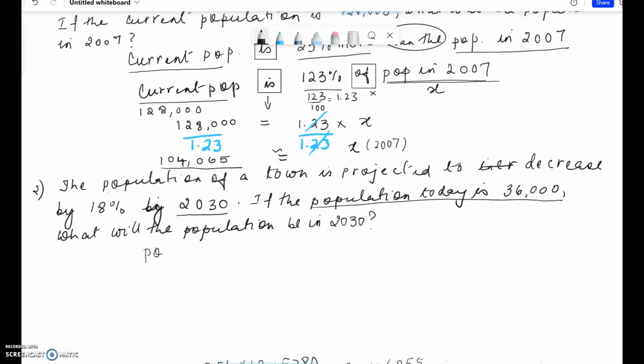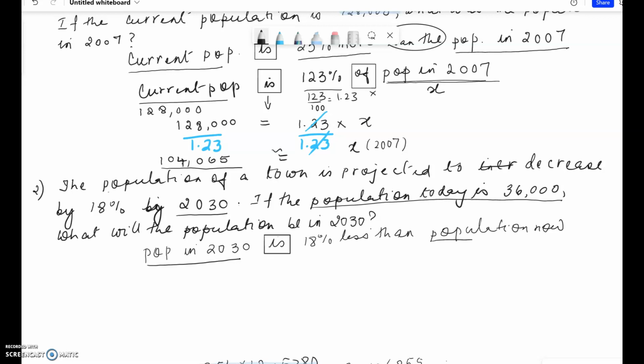So population in 2030 is 18% less than population now, which is the current population. So population in 2030 is 18% less than population now.